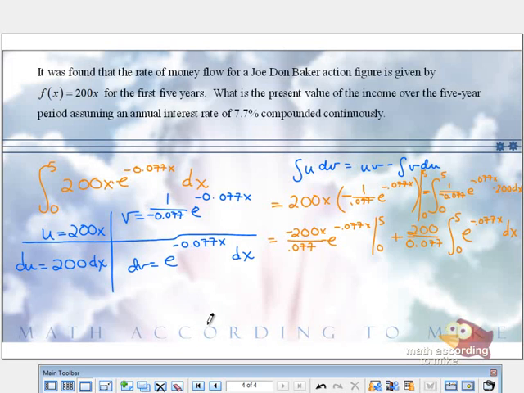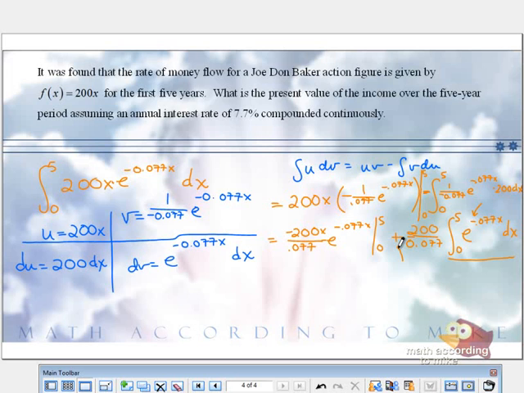Now here's the part you've all been waiting for. We have to integrate this portion here. Notice it's an e to a kx, like we just had already. Notice we'd be doing a 1 over negative 0.077. That'd be the fraction that's created from this. Well, that negative plus that positive would make a negative.